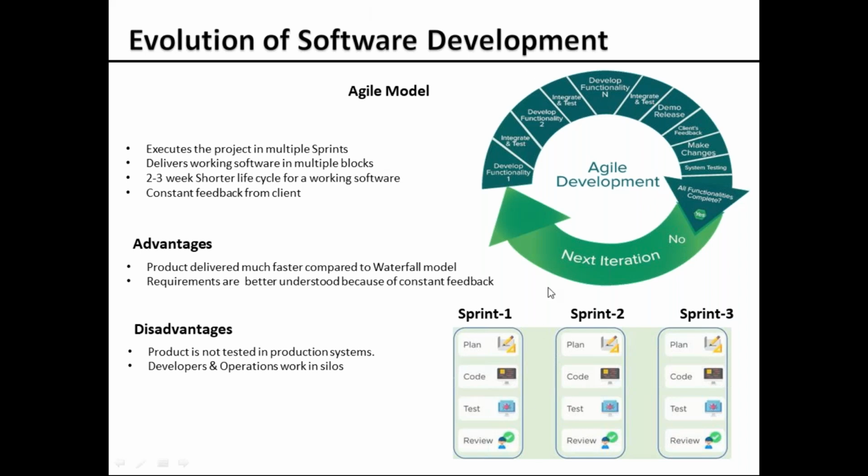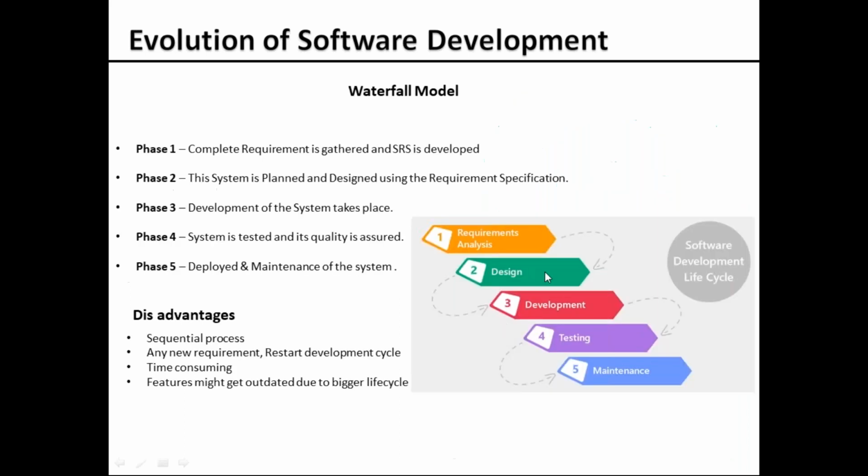If you see in the waterfall model, it's a long-term process, starting from the requirement analysis to the implementation, right? Every phase has its own timeline. Every phase takes its own time to complete and hand it over to the next team.